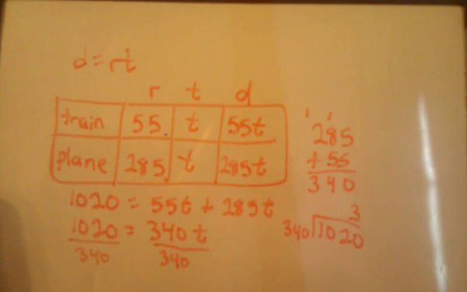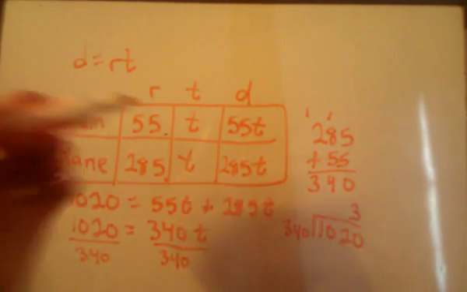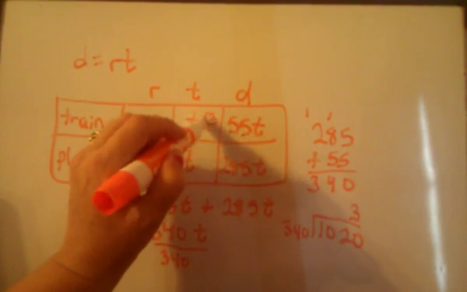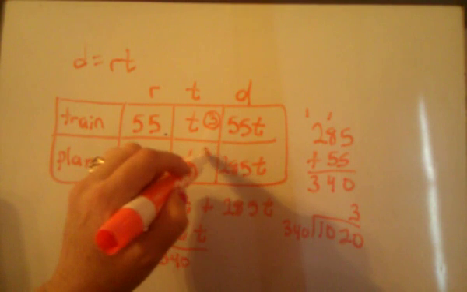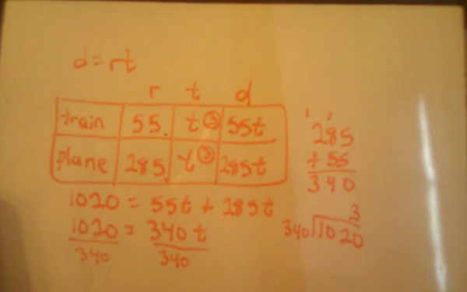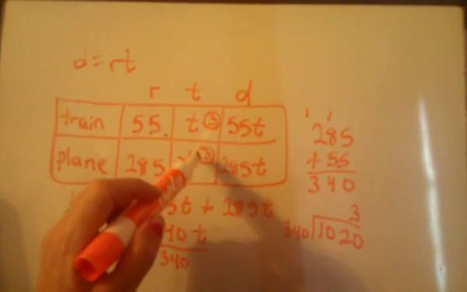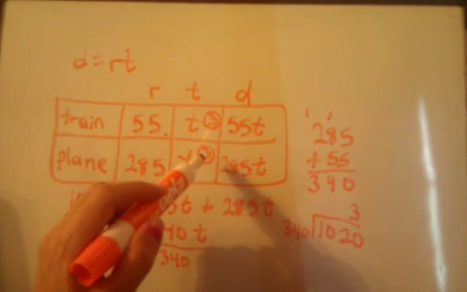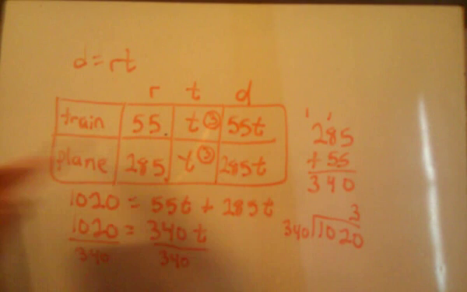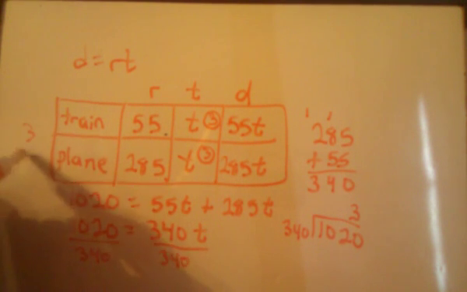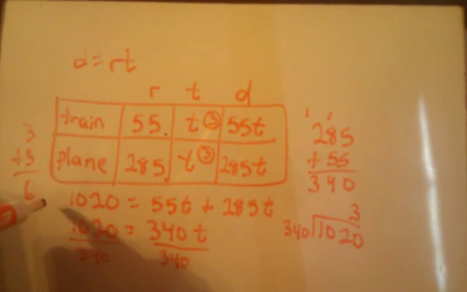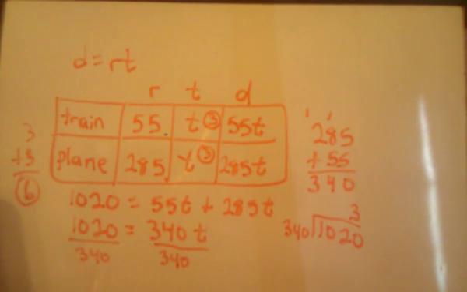Let's look at this. This says that t is 3. So he's on the train for 3 hours. He was on the plane for 3 hours. So how long was the trip? If he was on the train for 3 hours and the plane for 3 hours, the trip was 6 hours, right? Because 3 plus 3 is 6. Okay? Did you get that?